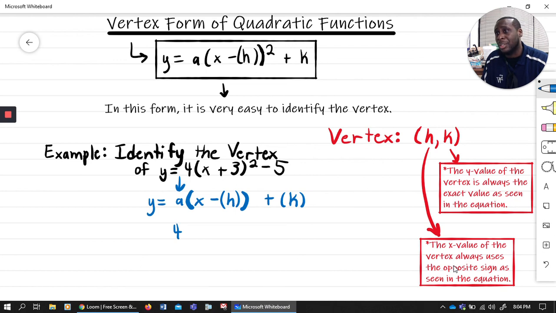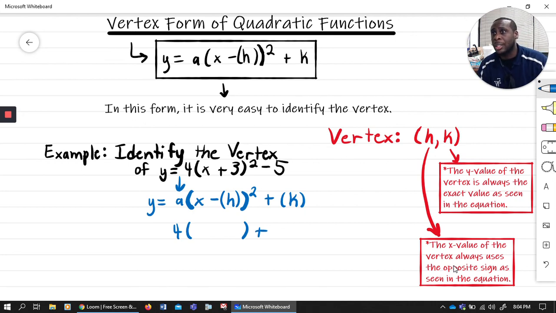Again, we'll talk a little bit later about what that a value determines, or what it can determine in this vertex form. All right. We're going to come back to the h part. Let's do the k first, right?